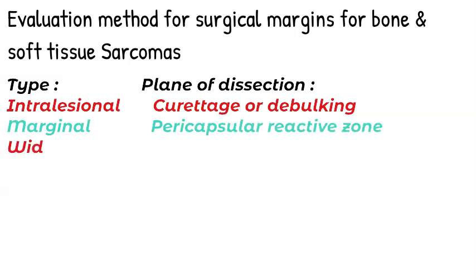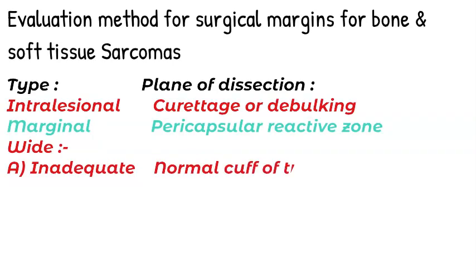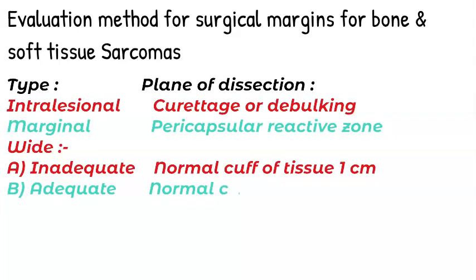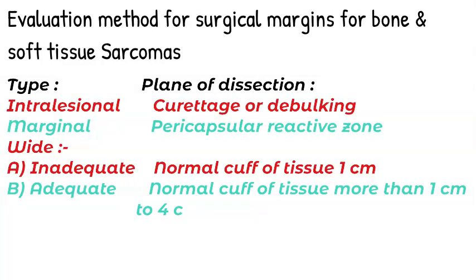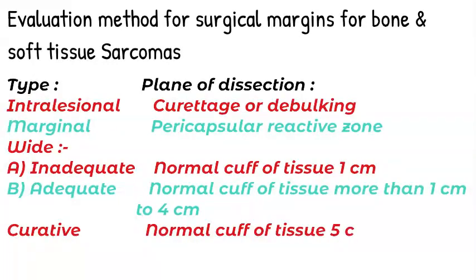For wide margin, whether inadequate or adequate. For inadequate, there would be a normal cuff of tissue about 1 cm. Adequate margin, a normal cuff of tissue more than 1 cm to 4 cm. For curative margin, a normal cuff of tissue 5 cm or more.